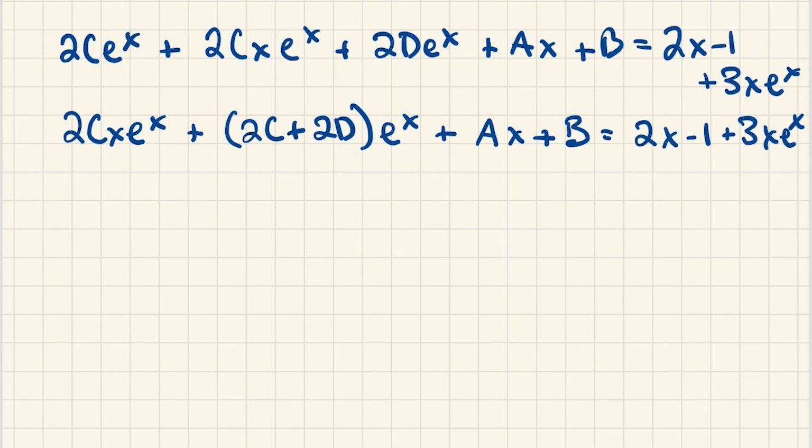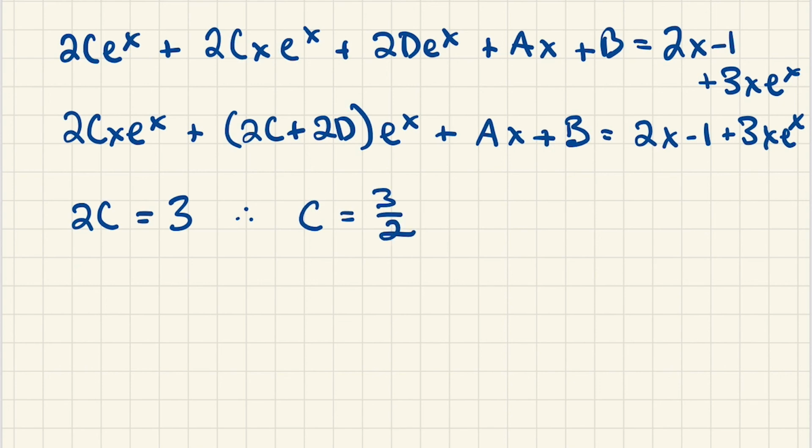I think we're ready to equate coefficients now. So we can see that the coefficient of x e to the x on the left, which is 2c, must match the coefficient of x e to the x on the right, which is 3. This tells us that c is equal to 3/2.